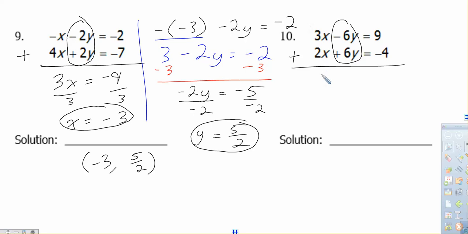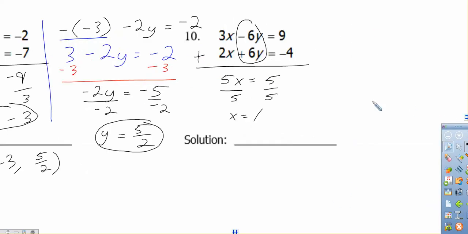So when we add these together, we get 5x equals positive 5, dividing by 5, x equals 1. Taking x equals 1 and replacing it in that first equation, 3 times 1 minus 6y equals 9.